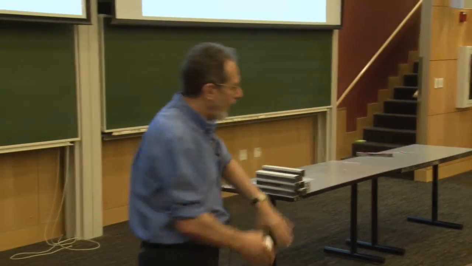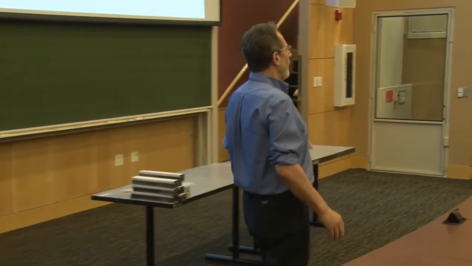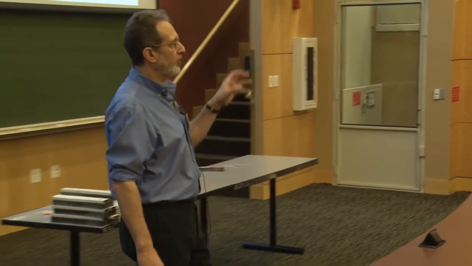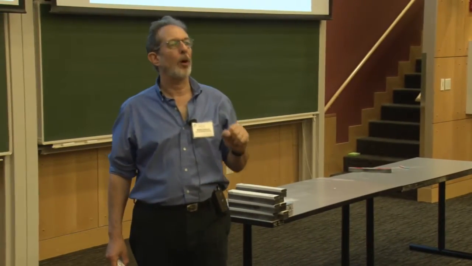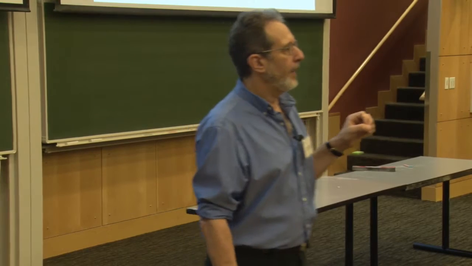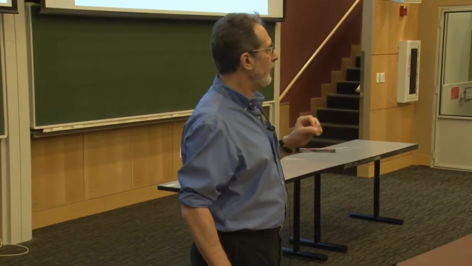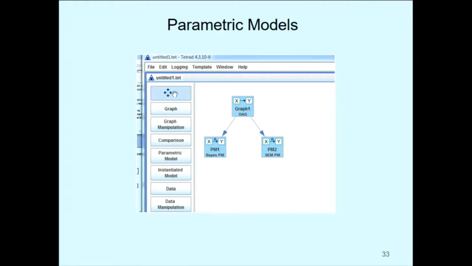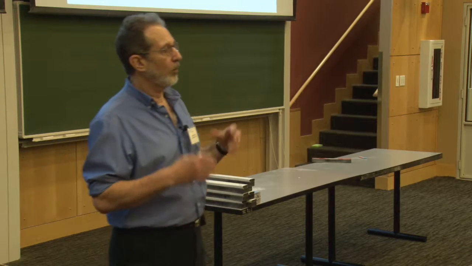No. Okay. So now I'm going to segue into where we actually add parameters, probabilities, quantitative relationships on top of these qualitative relationships. What we do is we interpret these graphs first as parametric models. We give them a parametric family, and then we assign particular values for the parameters in the models, and once we've done so, we will have an instantiated model.